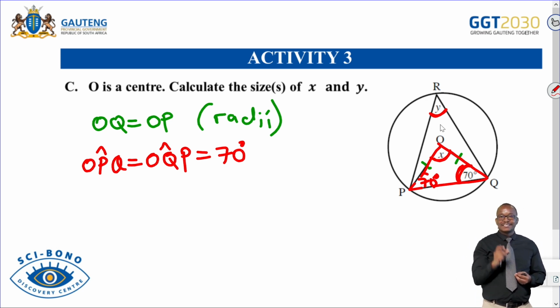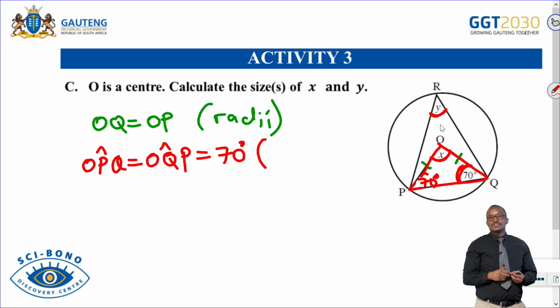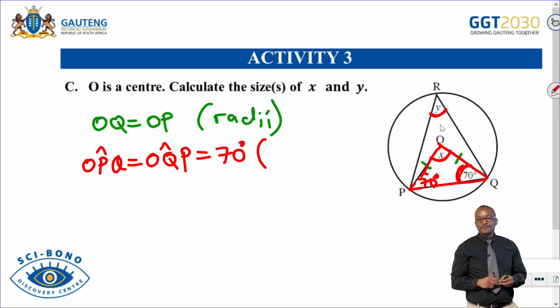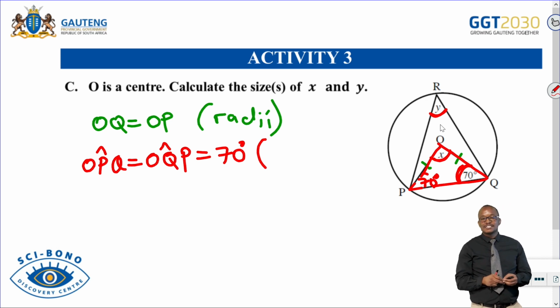But what is the proper reason for that? Most of the learners will say it's the base angle of an isosceles triangle, correct? Which is not the correct statement to give in this case. Yes, it's true that it's a base angle of an isosceles triangle.